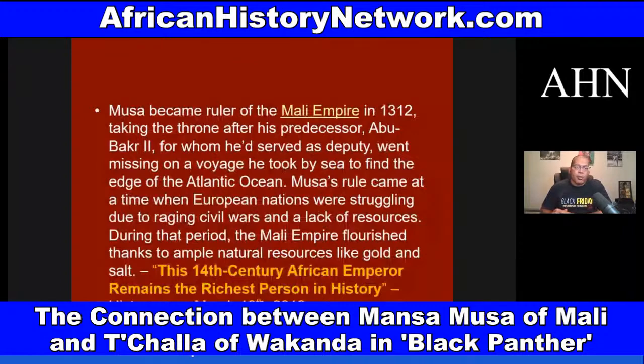Mansa Musa became ruler of the Mali Empire in 1312 Common Era or AD, taking the throne after his predecessor Abu Bakr II, for whom he had served as deputy, went missing on a voyage he took by sea to find the edge of the Atlantic Ocean. Mansa Musa's rule came at a time when European nations were struggling due to raging civil wars and a lack of resources.